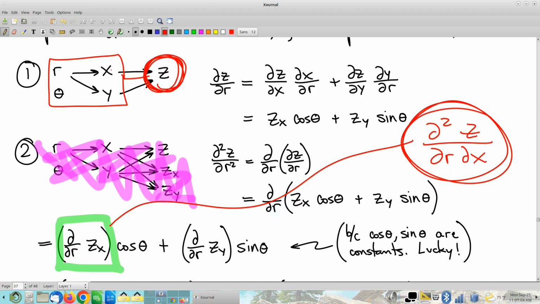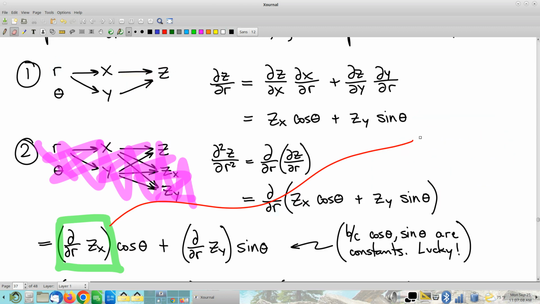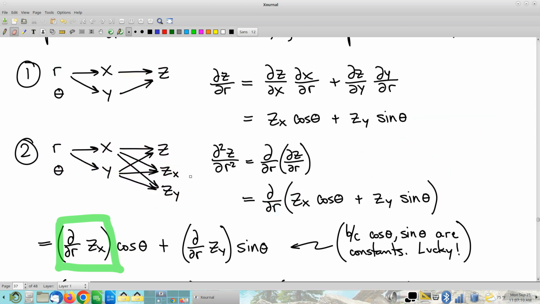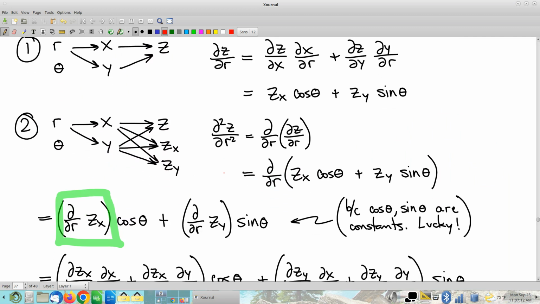Okay. All right. So how do we treat this? What is the better way to deal with this thing? The answer is to recognize what zx is and include that on the diagram. If I want to take a partial of zx, what is zx? Well, z was a function of x and y.